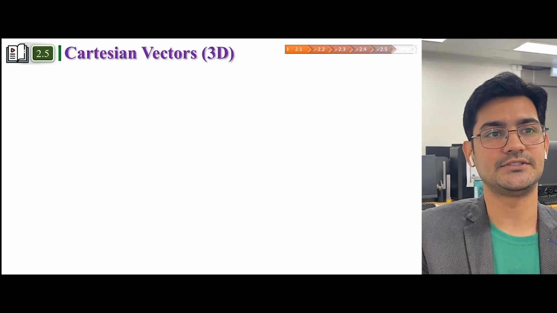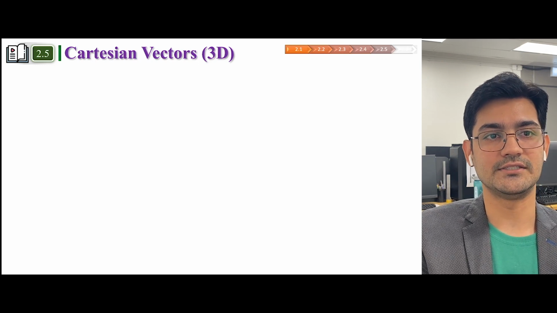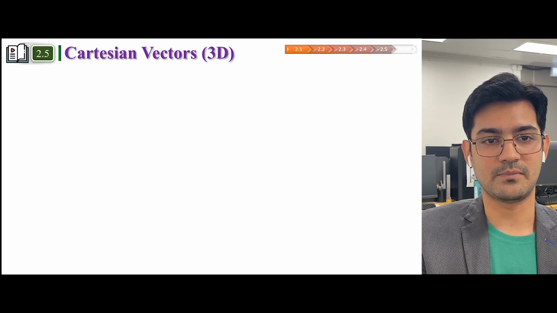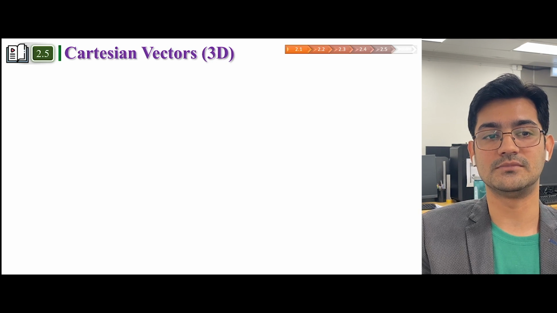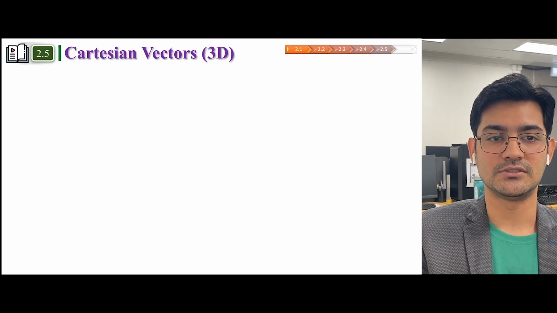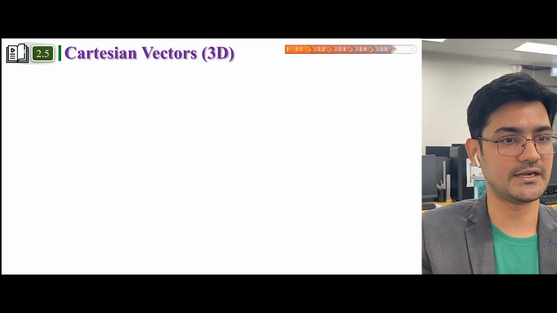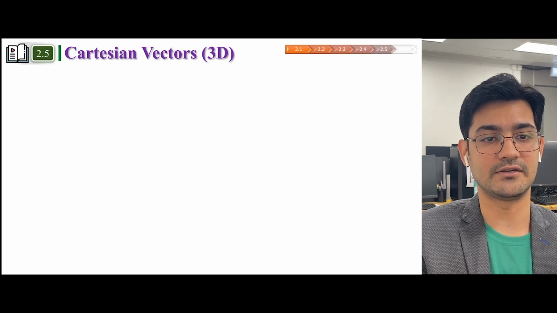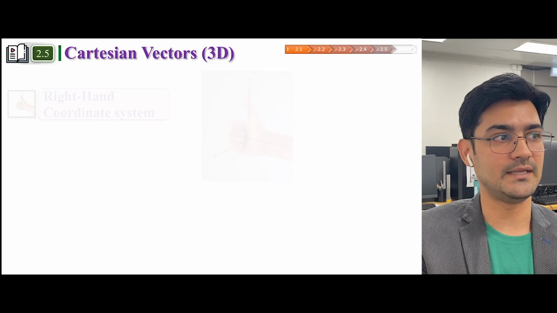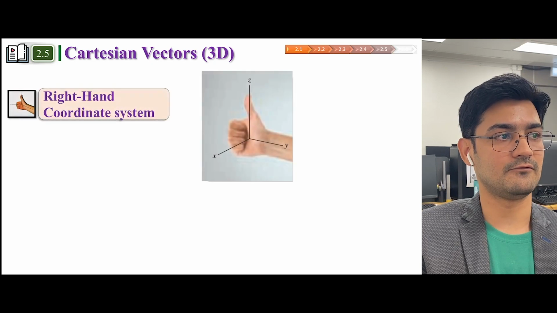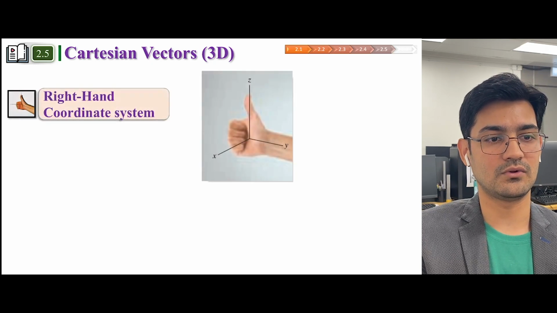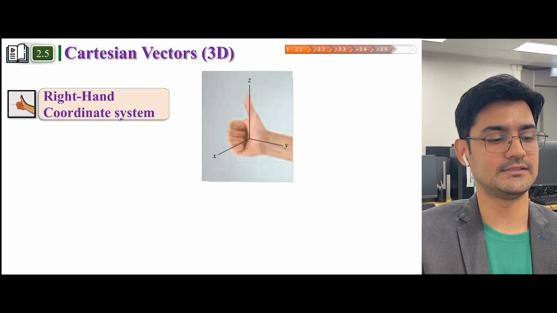Now, the next section is regarding Cartesian vectors. For example, if we have problems that are in 3 dimensions, that can be greatly simplified if the vectors are first represented in Cartesian vector form. So what do I mean by this? First we have to figure out a coordinate system.